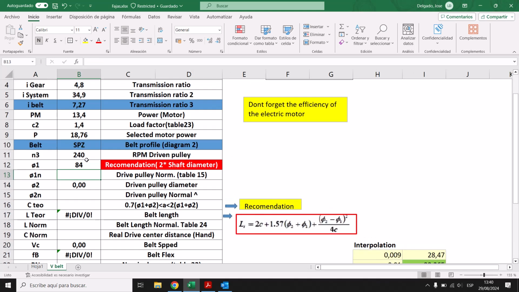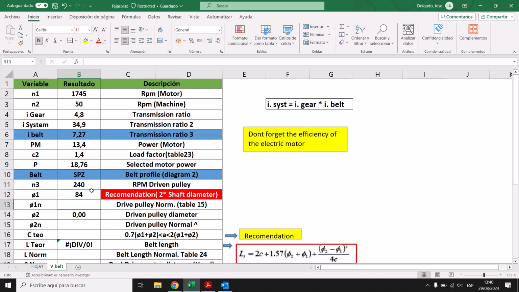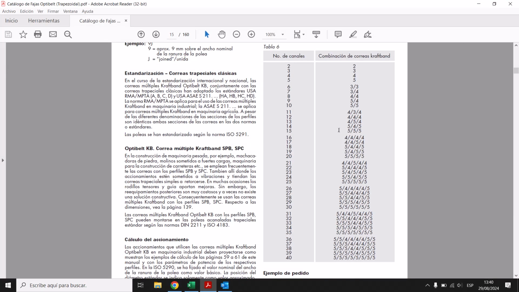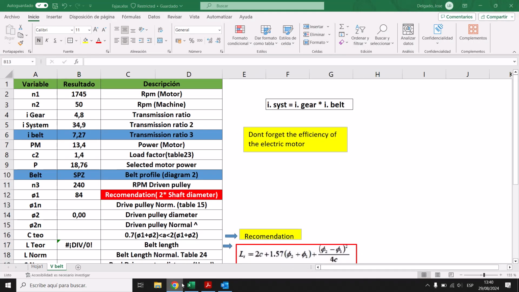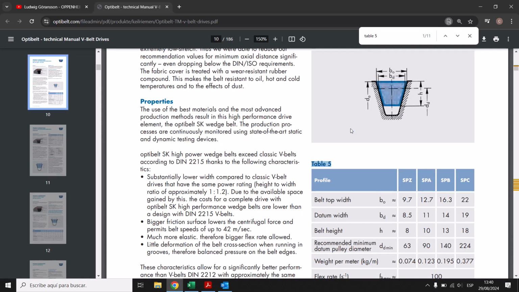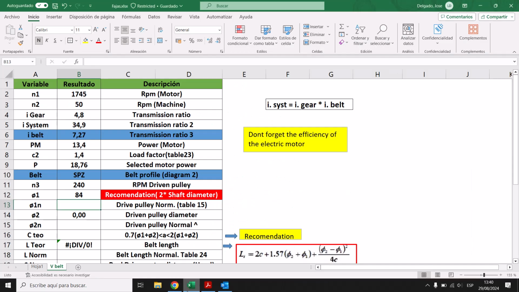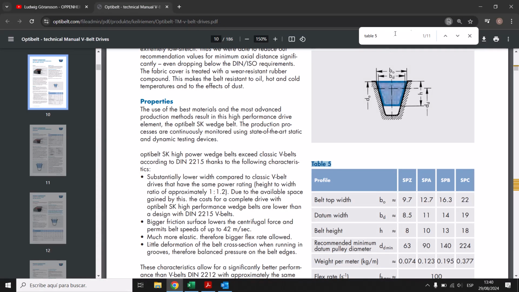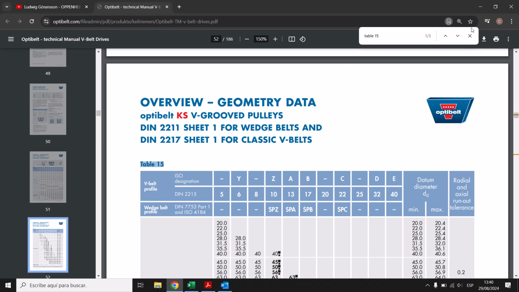And for here, this is what you have, but you should select what is normal on the market. So we're here. This is something that I'm going to show you in table 5. Okay, now 15. So we're here.